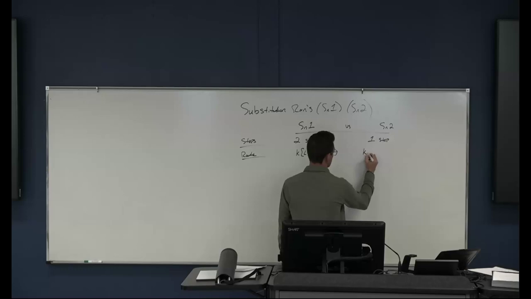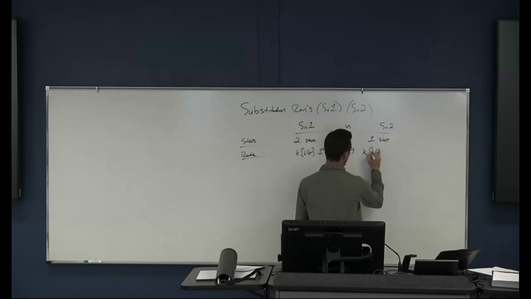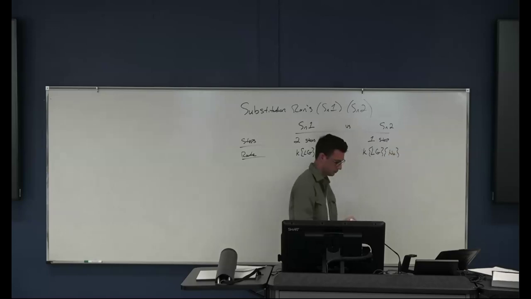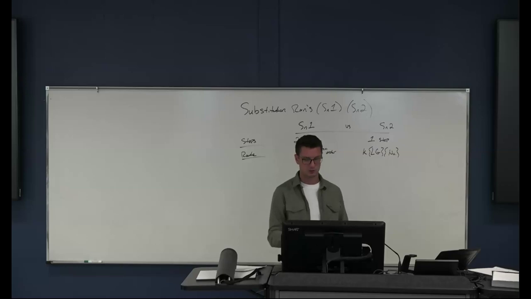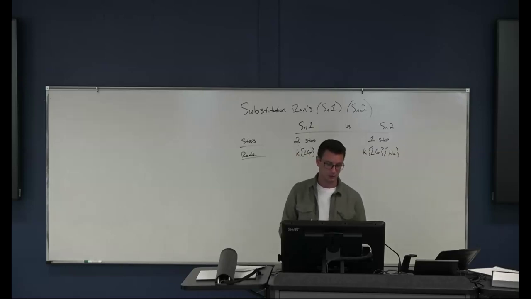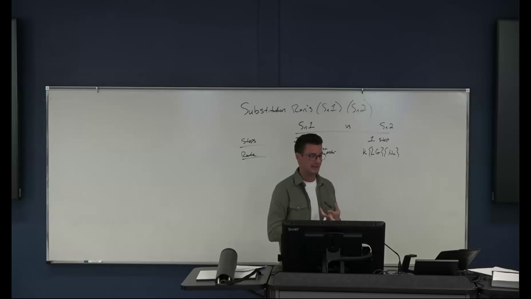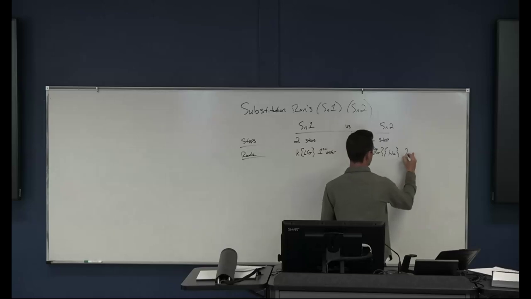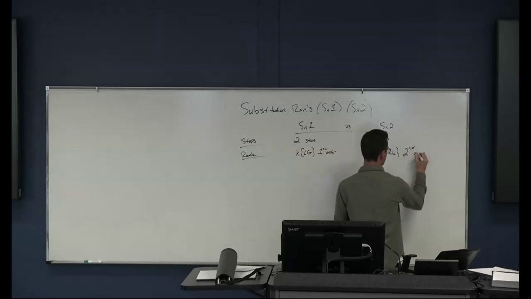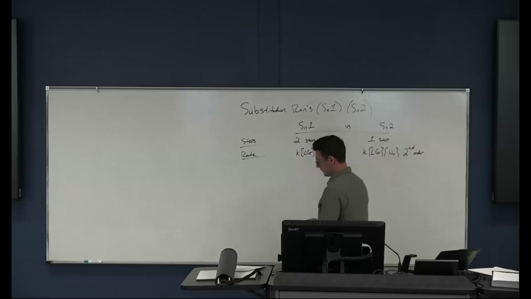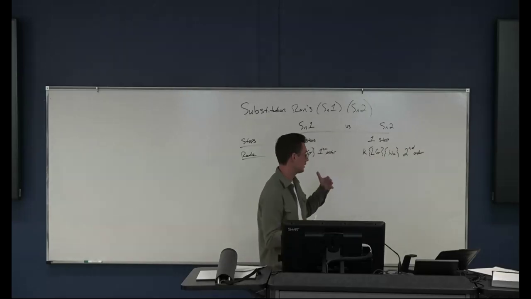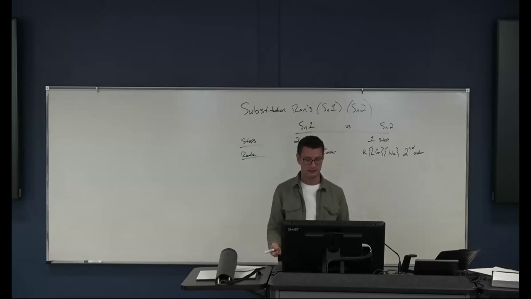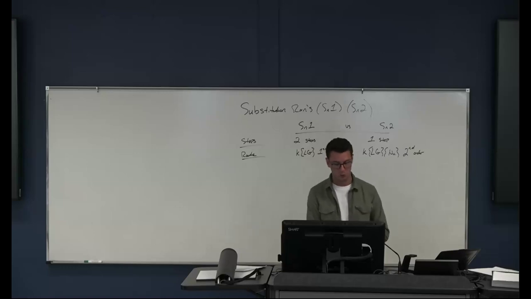Contrary to Sn2, that depends on both the leaving group and the nucleophile, which I have shorthanded as Nu. And this is second order. If the concentrations of the leaving group and the nucleophile double, then the reaction rate will end up quadrupling.